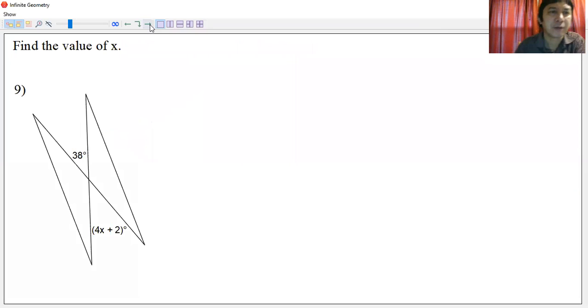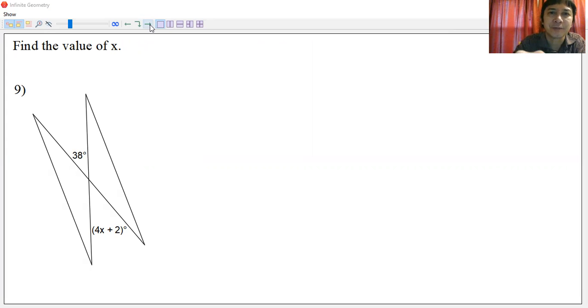Let's have number 9. All right, in number 9, we will only need to get the x, okay? Because the given angles form vertical angles, all right? So the angles here are vertical angles, and vertical angles are congruent. They have equal measures, okay? So we know that 4x plus 2 is 38, okay?